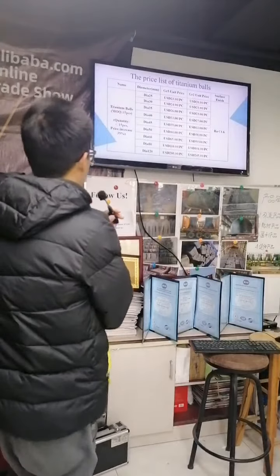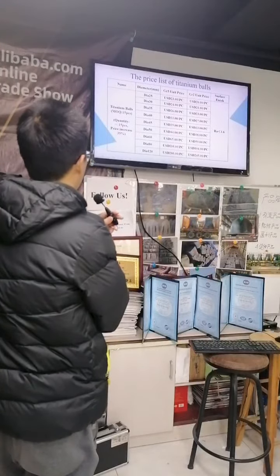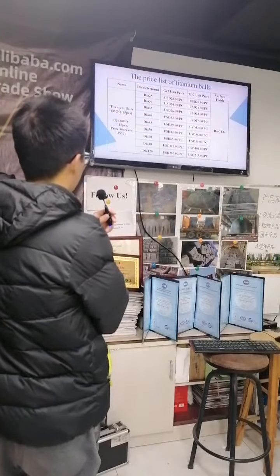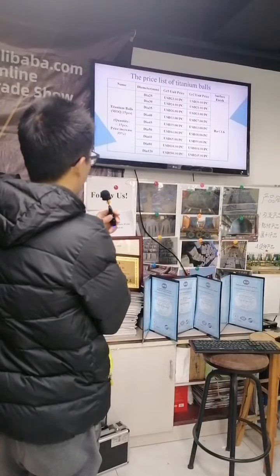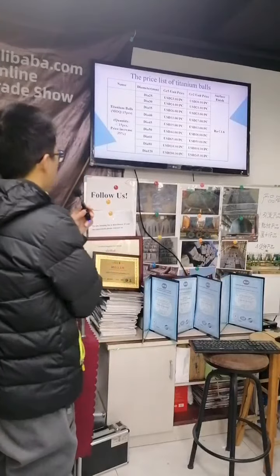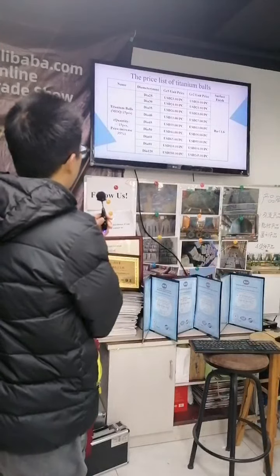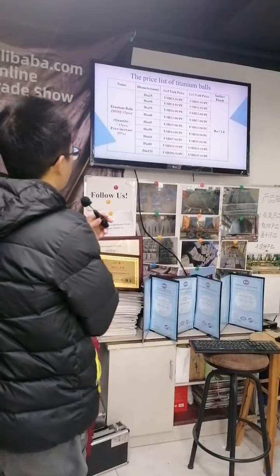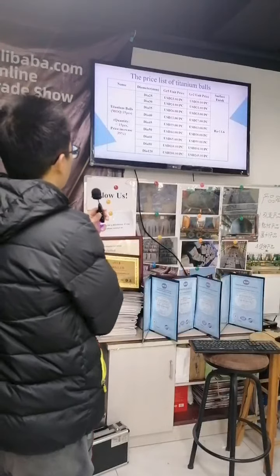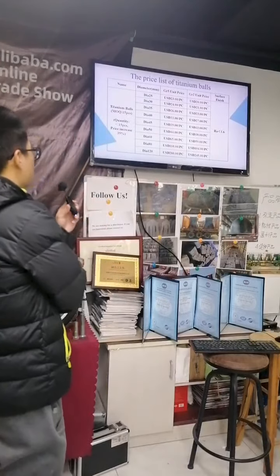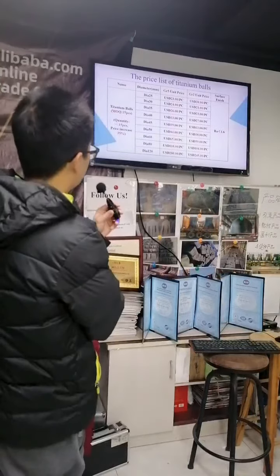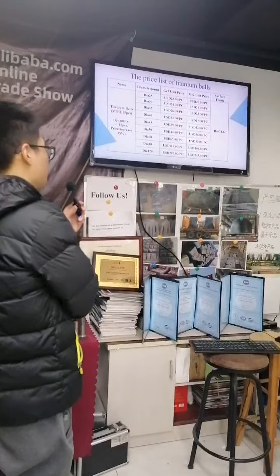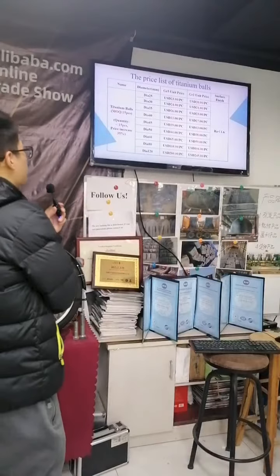You can see the most expensive one, with a diameter of about 120 millimeters, is about 280 US dollars per piece. And the cheapest one is GR2, about 20 US dollars per piece. You can choose different prices according to different using purposes.